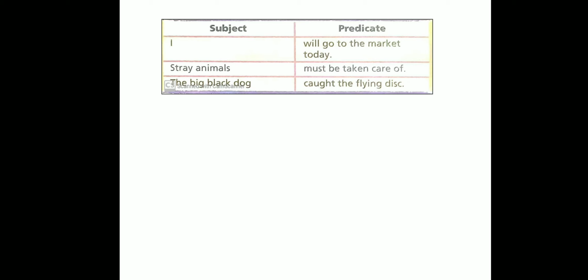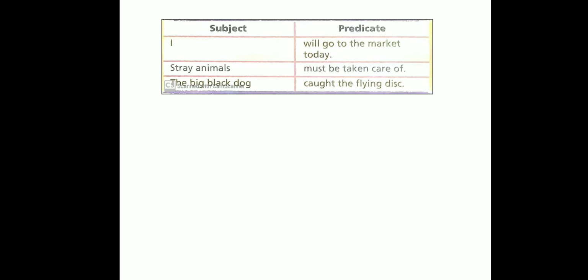The first sentence is I will go to the market today. So I is the subject because I am the person who is going to do the work, and what am I going to do? Will go to the market today. This is my predicate. Next sentence, stray animals must be taken care of. Subject again is stray animals, common noun. And what are we going to do with stray animals?